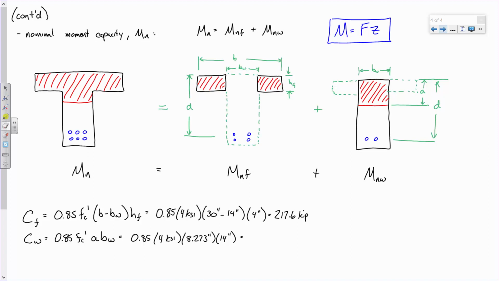Yep. All right. So just over here off to the side, what would the total compressive force be? It'd be C sub F plus C sub W.